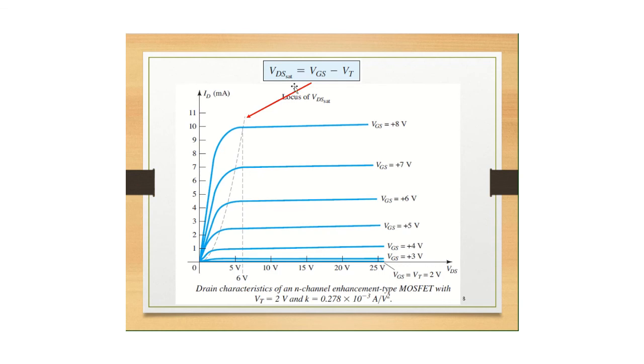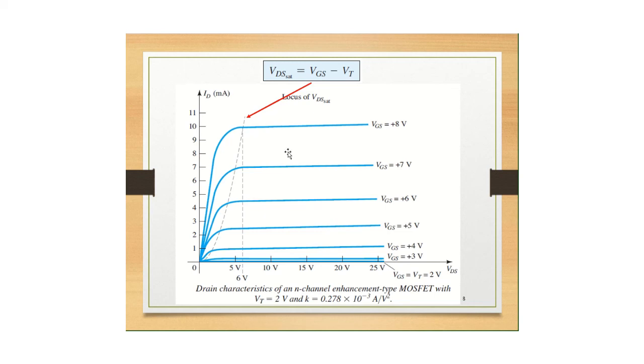This VDS saturation is nothing but VGS minus VT. This saturation level VDS is related to the level of the applied VGS. So it's given by VDS sat is equal to VGS minus VT. That is shown here at this locus point.